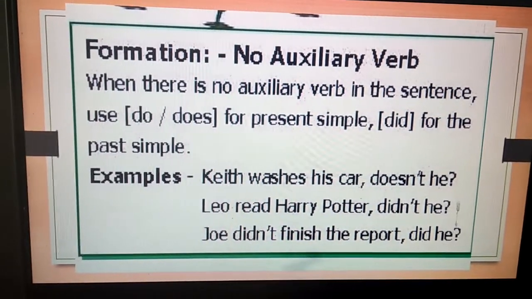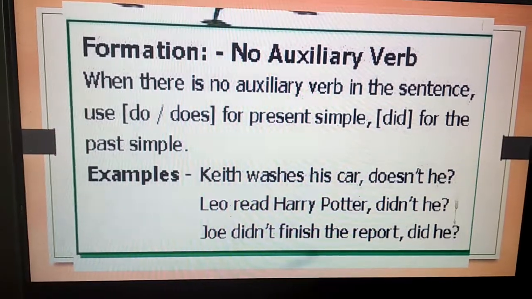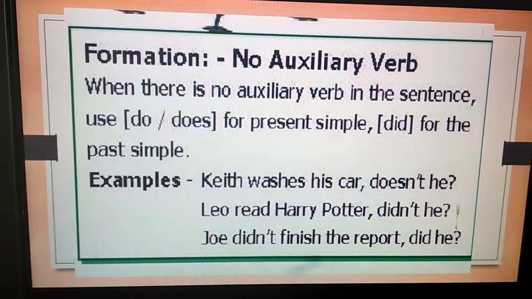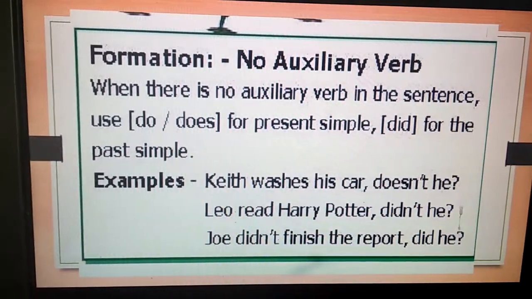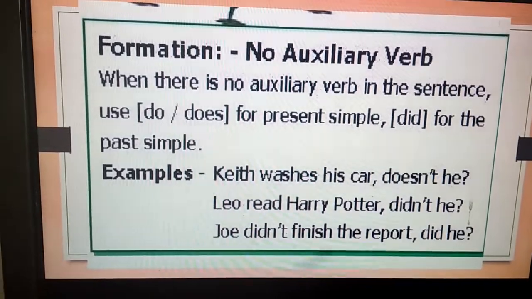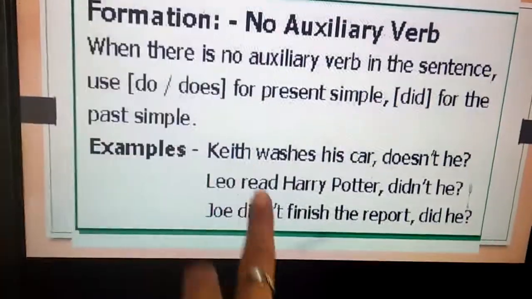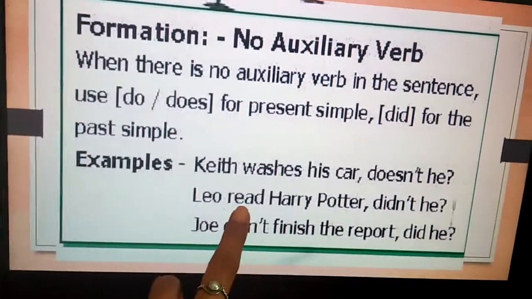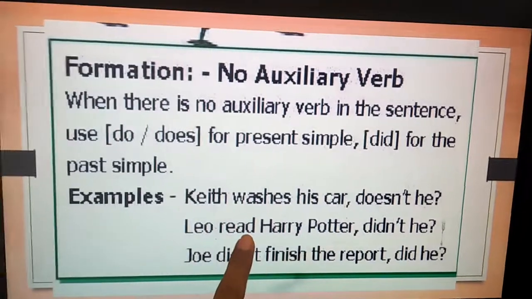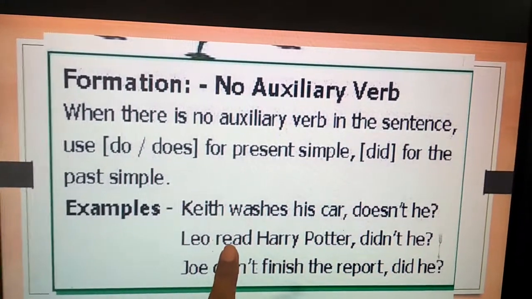Okay. So examples. Keith washes his car, doesn't he? Washes, that is the es added to the main verb wash, and so we have used here does. Leo read Harry Potter, didn't he? Now with this read we can understand this is V2, because if it were V1 it should also have S or ES, but it doesn't have that, so we know it is the second form.